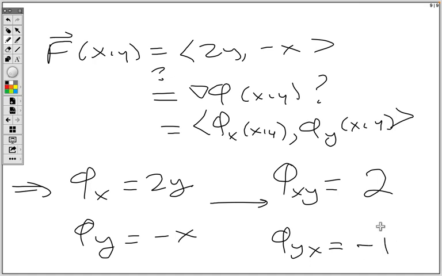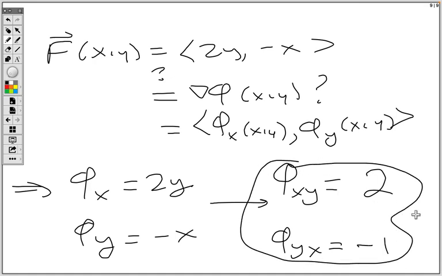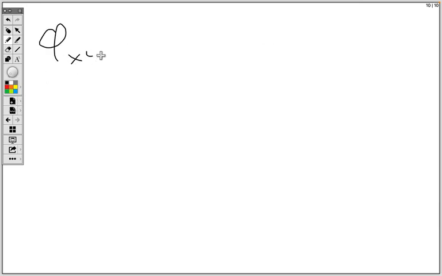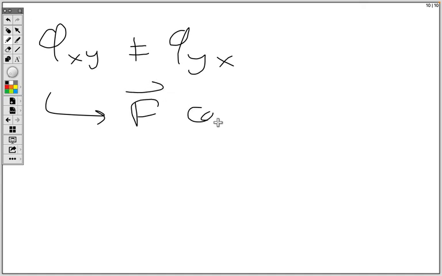Minus 1. And what's the problem here? Fubini's theorem said if phi xy and phi yx are continuous, then they have to be the same. These aren't the same. So phi xy does not equal phi yx. So we have a contradiction. That means that the field F can't be a gradient field.